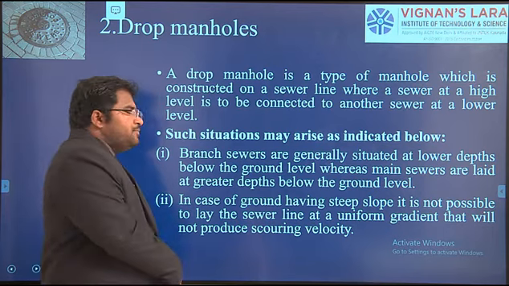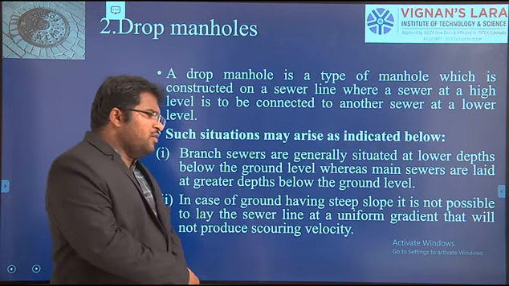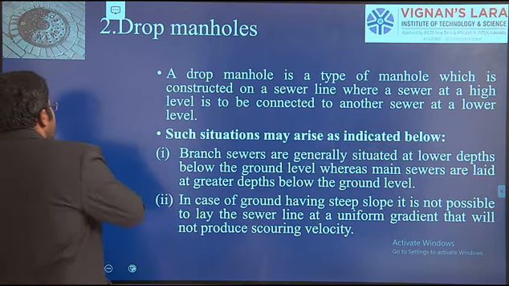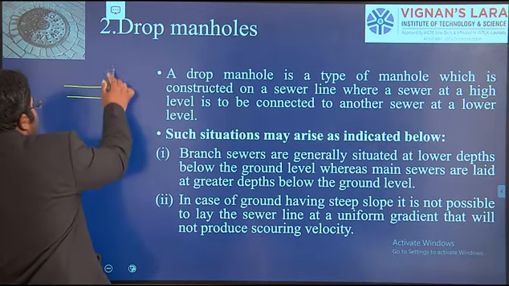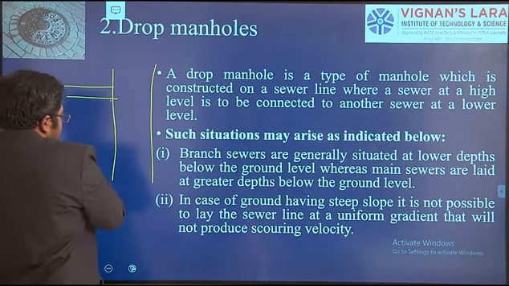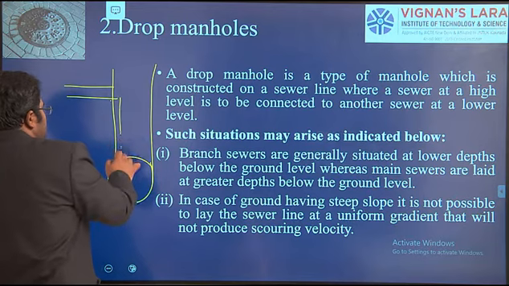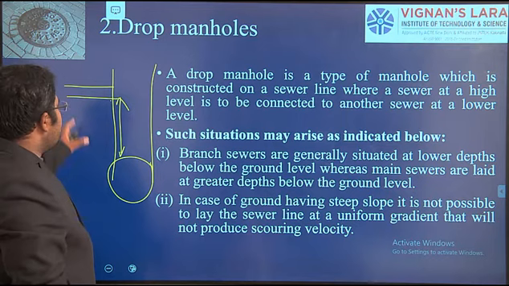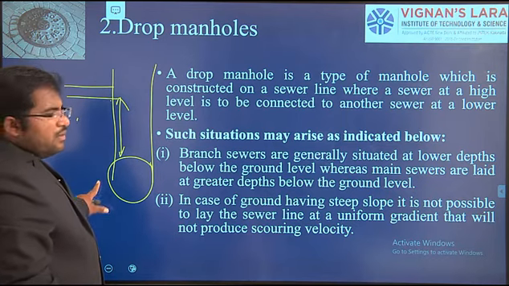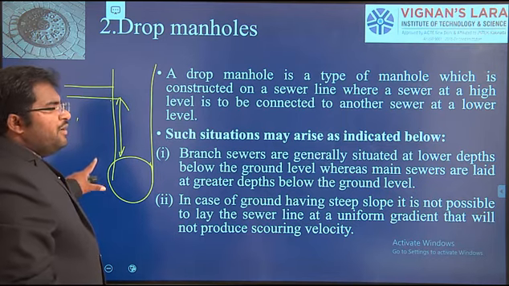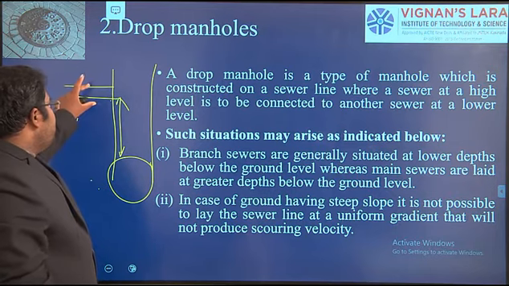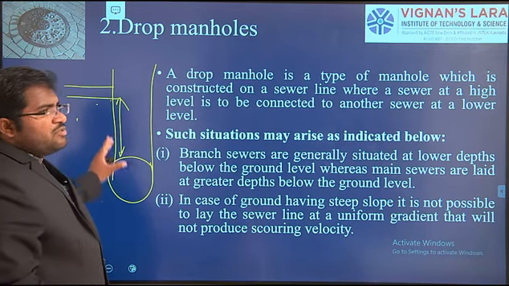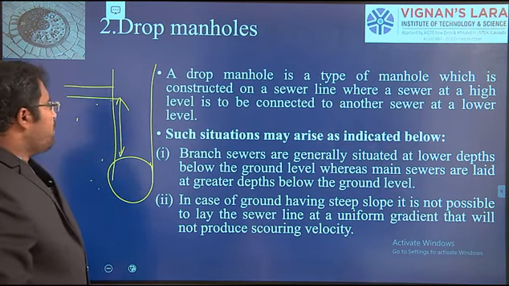We already saw manholes in civil, but the main objective of this particular manhole is this: whenever one sewer line is coming like this and another sewer line is moving here, we can see the level difference is large. This is the high level and this is the low level. Whenever you are going to join the high level sewer with the low level sewer, at that place we use the drop manhole.